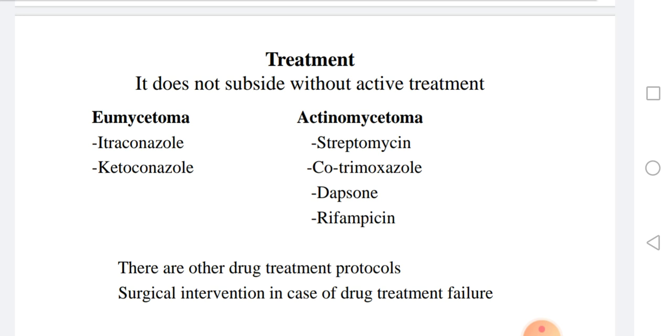In case of actinomycetoma caused by actinomyces, you give the antibacterial antibiotics such as streptomycin, cotrimoxazole, dapsone, and rifampicin. There may be a combination of drugs for a long time, maybe more than a year.